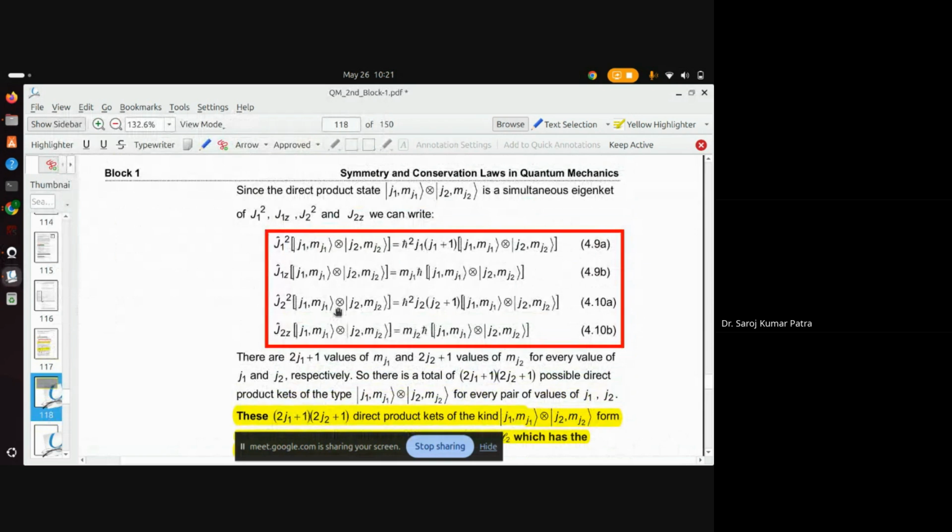So in with that knowledge in mind, we can simply write. So अभी ये बात है कि J1 MJ1 outer product with J2 MJ2, this will be the simultaneous state vector for J1 square, J2 square, J1Z and J2Z. तो उसके आइगन वैल्यूज क्या होंगे?